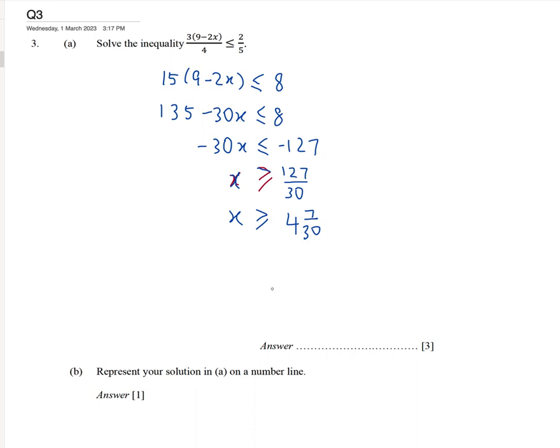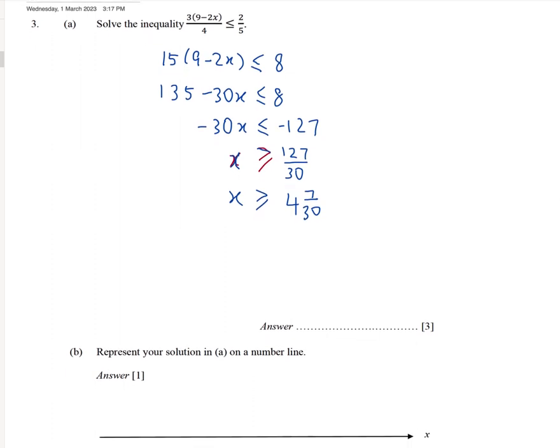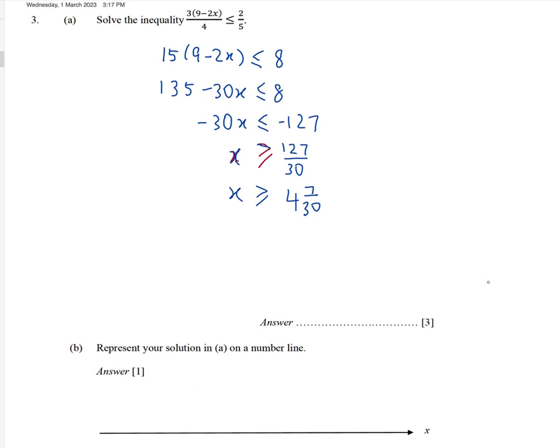Now we want to graph this on a number line. The number line is just simply an x-axis, and therefore there are only whole numbers that we can represent here. We must make sure that the spacings are equal.